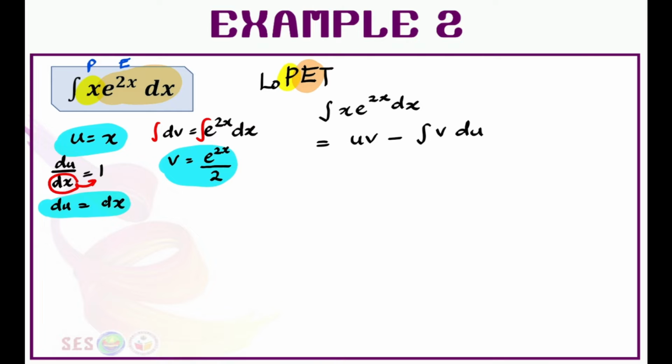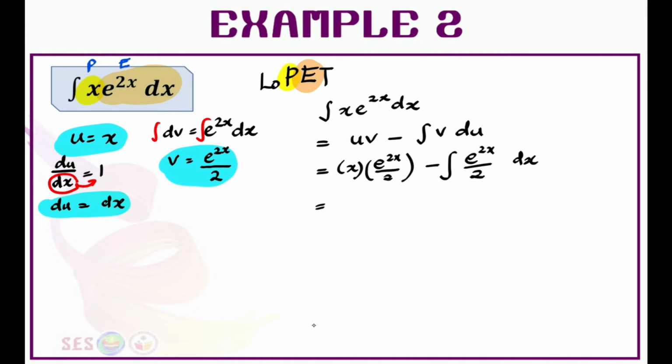So these three will be substituted in my formula. u is x, v is e power 2x over 2, minus integrate v, e power 2x over 2, and my du is just dx.